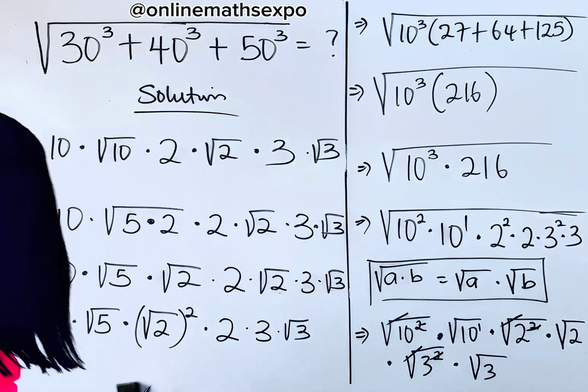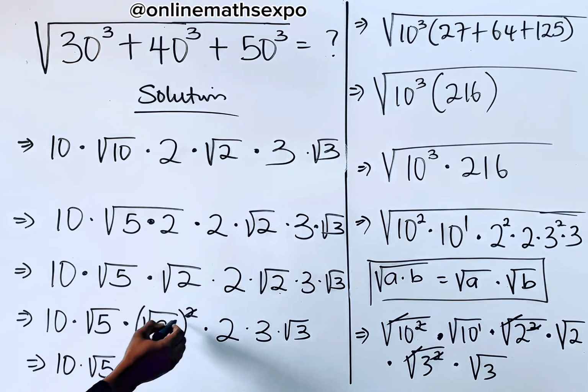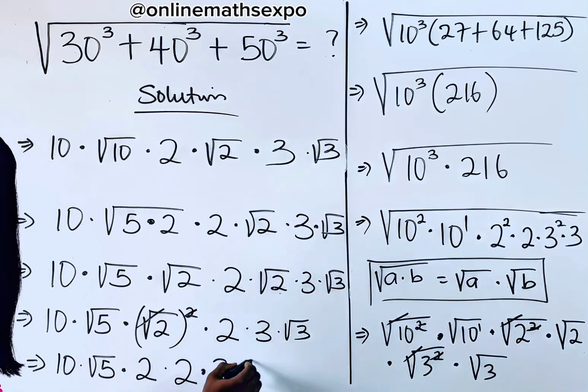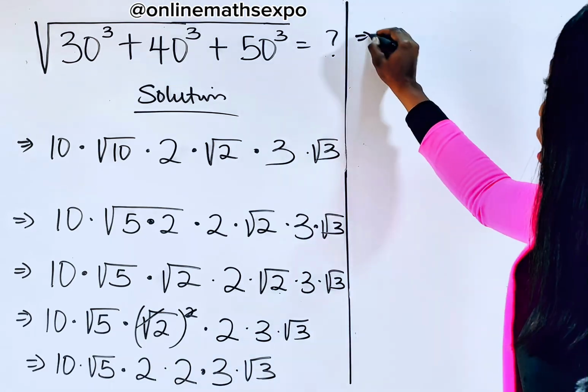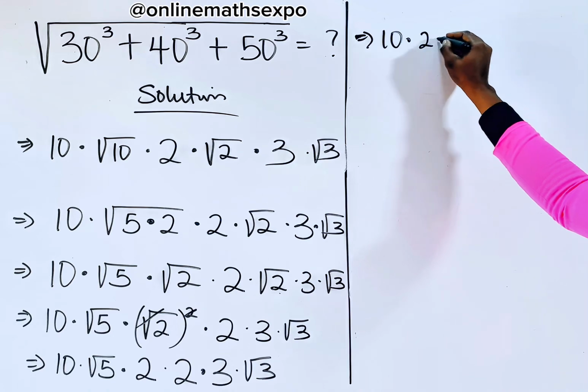Interesting. So keep simplifying this. We have 10 multiplied by root 5, multiplied by this we cancel, we have 2 multiplied by 2, multiplied by 3, then root 3. Interesting. So if you quickly multiply this, 10, okay, multiplied by 2. Let's gather the constants.